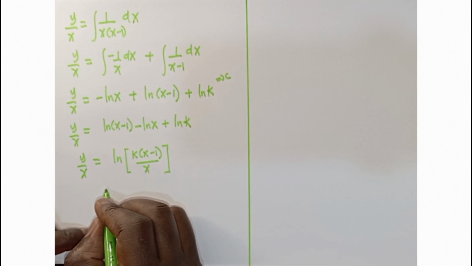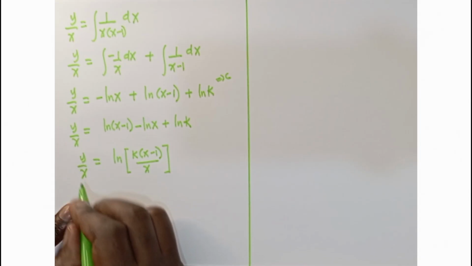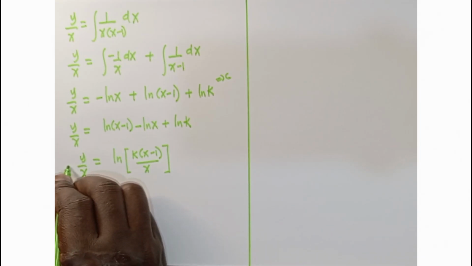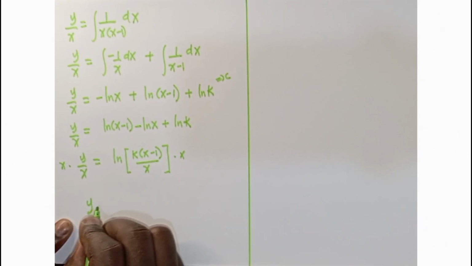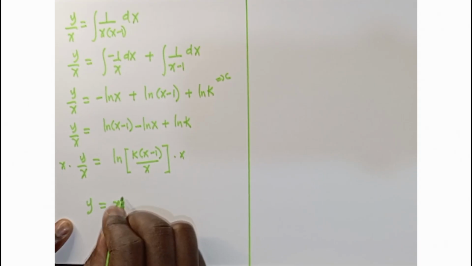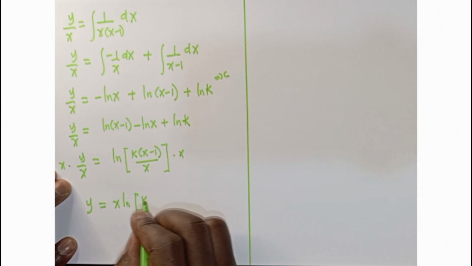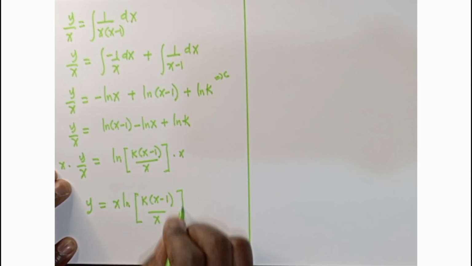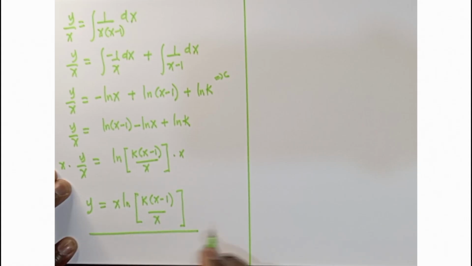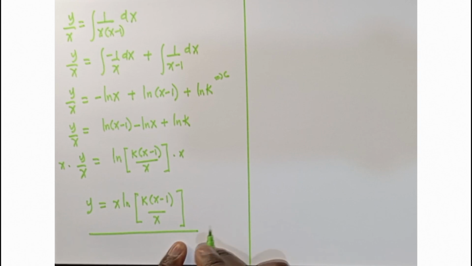Our aim is to get the value of y, because that's the purpose of simplifying. Multiplying x on both sides, we shall have y is equal to x ln of k into x minus 1 out of x. As simple as this. After reaching this point, you have solved the differential equation.